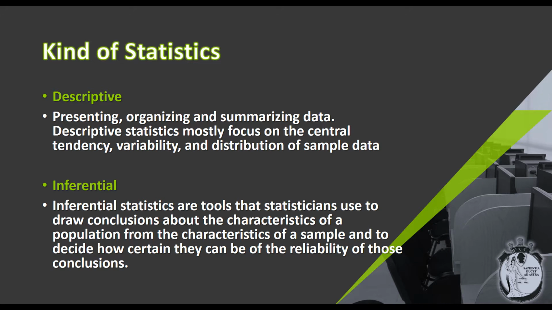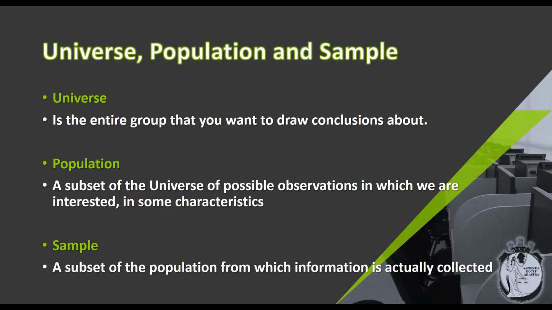Now, another thing that you need to know is the universe, population, and sample. The universe is the entire group that you want to draw a conclusion about. It's all the people, all the data that exist.